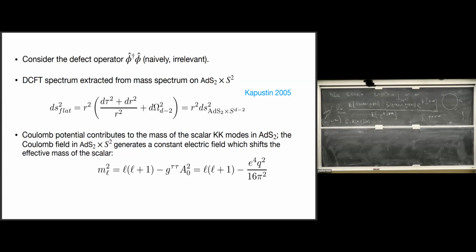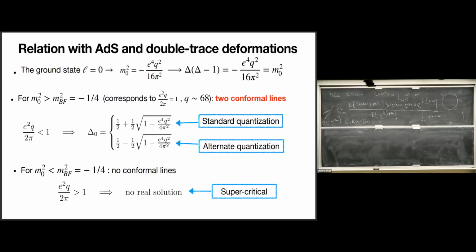So to do that, that's just technicality, we move to AdS2 times S2 and calculate the scaling dimensions. It's convenient for technical reasons. And if you do that, you get that the scaling dimensions for the scalar field satisfy this quadratic equation. Delta is the scaling dimension.